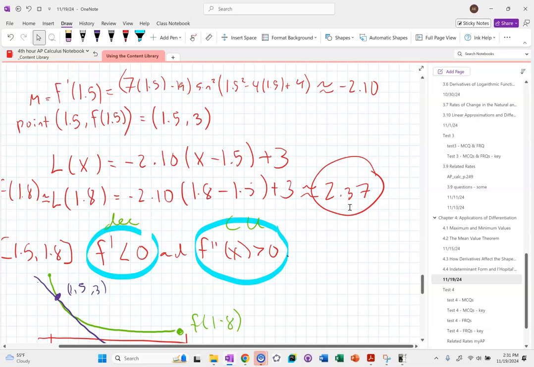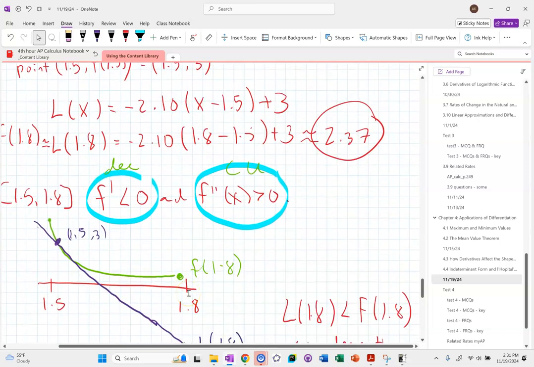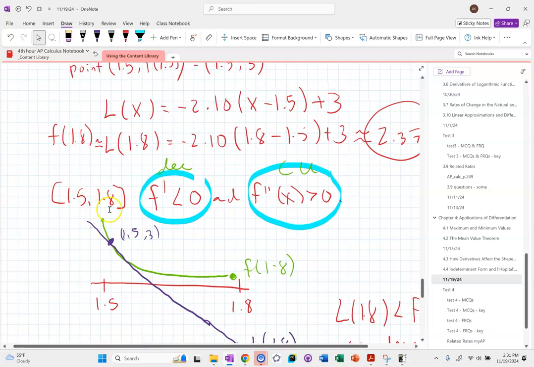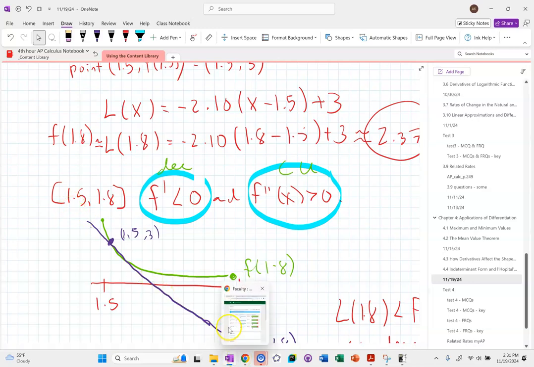Okay with that? Now to decide whether that was going to be an under or overestimate, it told me that on the interval from 1.5 to 1.8, the graph is decreasing because its derivative is negative, and concave up because its second derivative is positive. So I just drew a picture of something that was decreasing and concave up, and put a point at 1.5 and drew my tangent line.